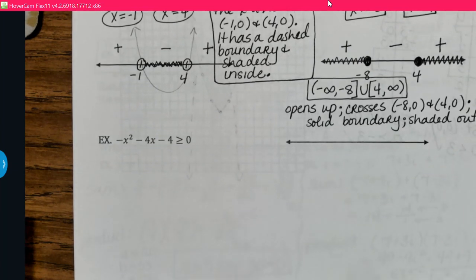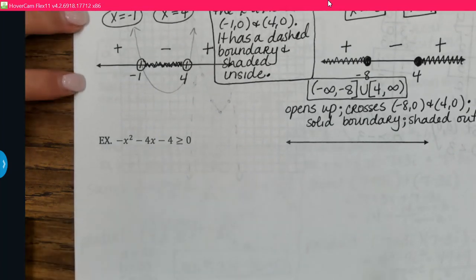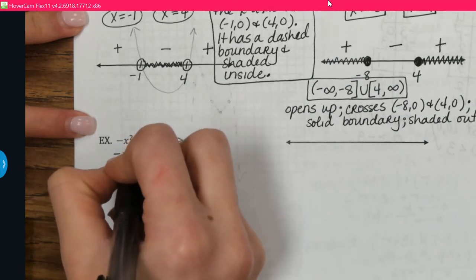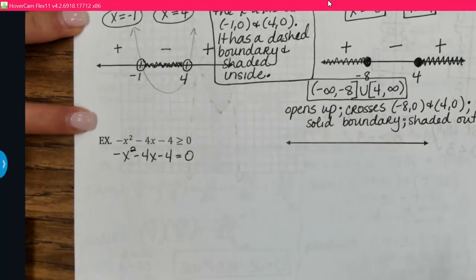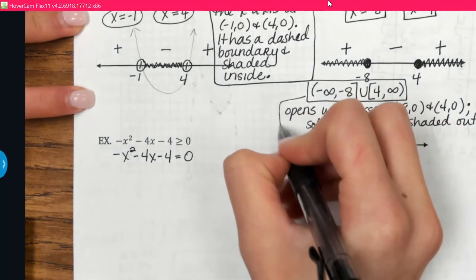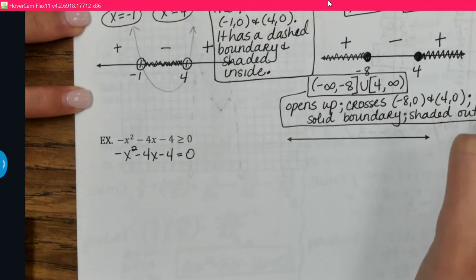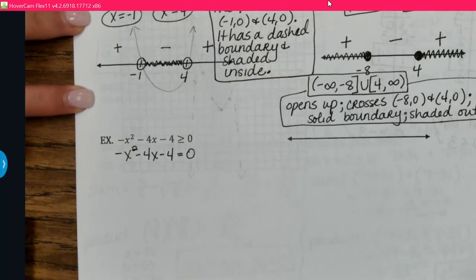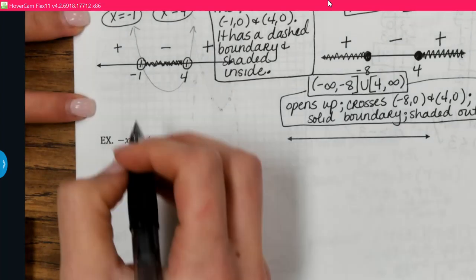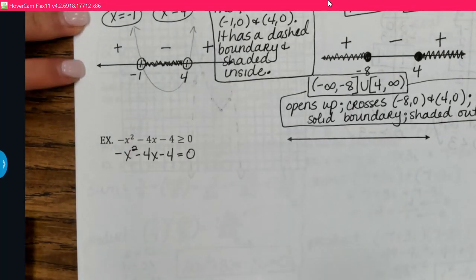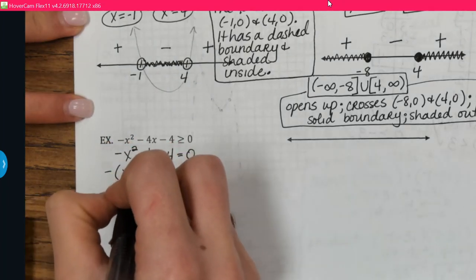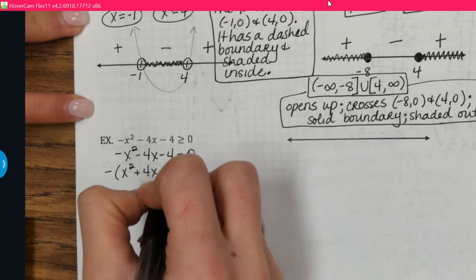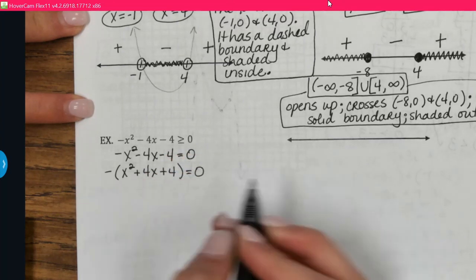Negative x squared minus 4x minus 4. We're going to set that equal to 0. So what do I need to do? Take a negative out for my GCF. Then I need to factor it.